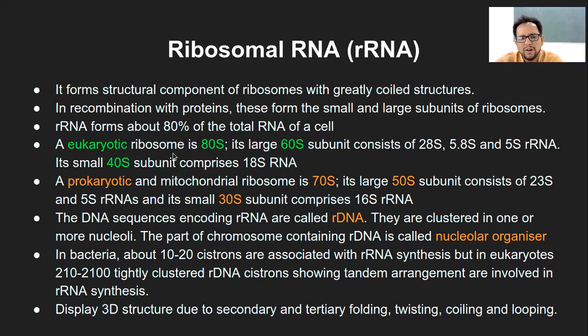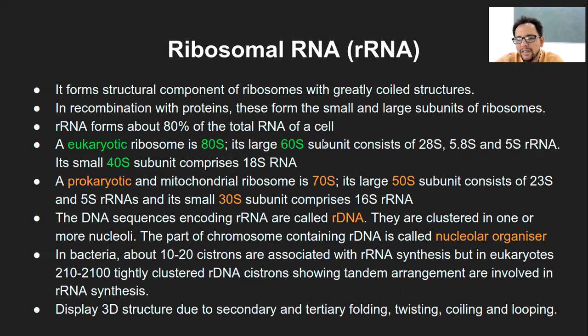So the eukaryotic ribosome, in a human cell for example, is of the 80S type, which has a 60S subunit and a smaller 40S subunit. The 60S will consist of different small components like 28S, 5.8S, and 5S RNA.